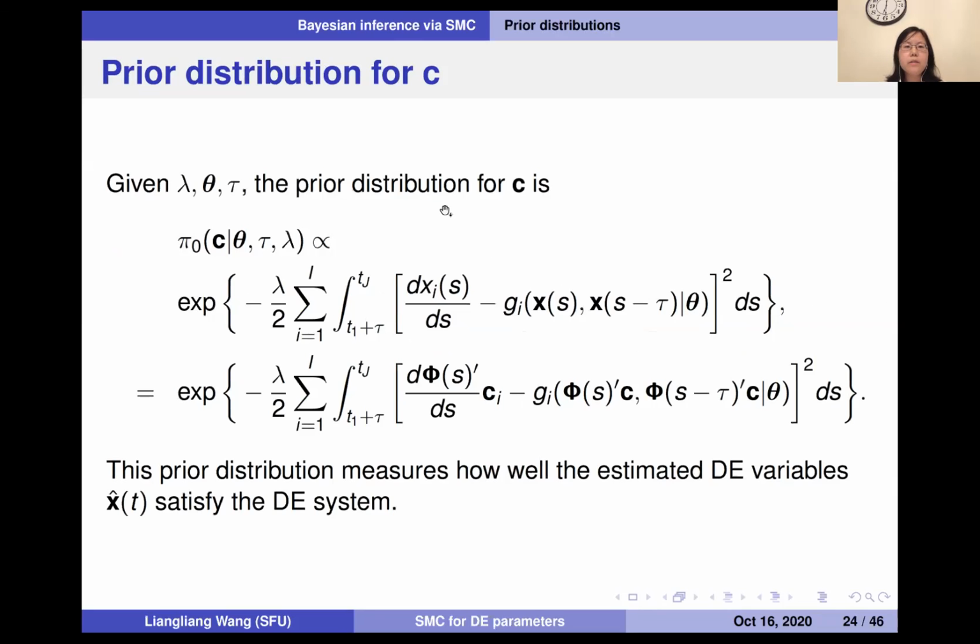So the prior distribution for C given lambda, theta, and tau is in this form. As you can see, this part is almost the same as the penalty part in the frequentist method.